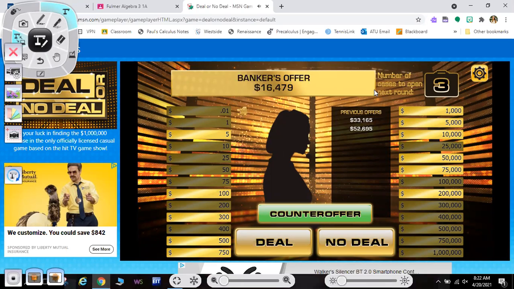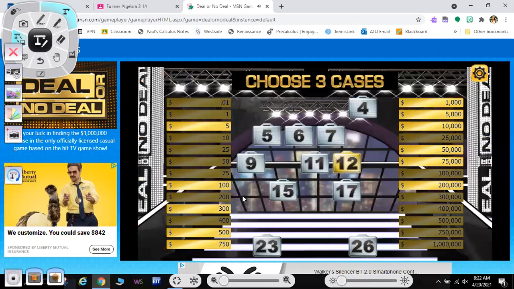Okay, so I jotted that down really quickly. And then we're going to do our math. 16,479. Let's count the number of cases that have more than that left. 1, 2, 3. And there are 11 cases total that are left.